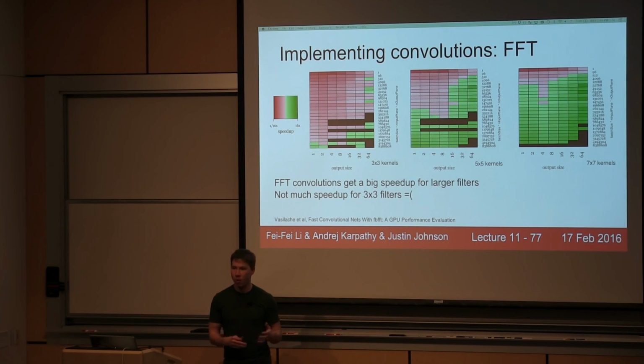When you're working on small 3x3 filters, the overhead of computing the Fourier transform just dwarfs the computation of doing it directly in the input pixel space. And as we talked about earlier in the lecture, those small convolutions are really appealing and great for lots of reasons. So it's a shame that this Fourier trick doesn't work out too well in practice. But if for some reason you do want to compute really large convolutions, then this is something you can try.